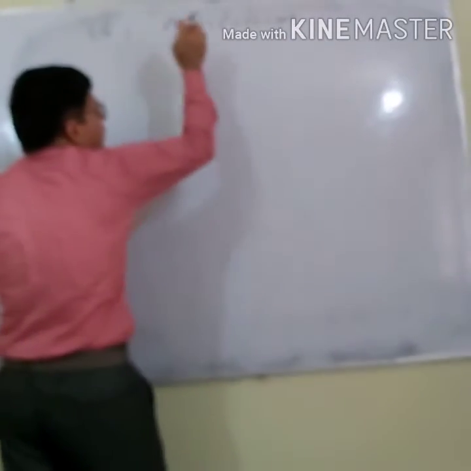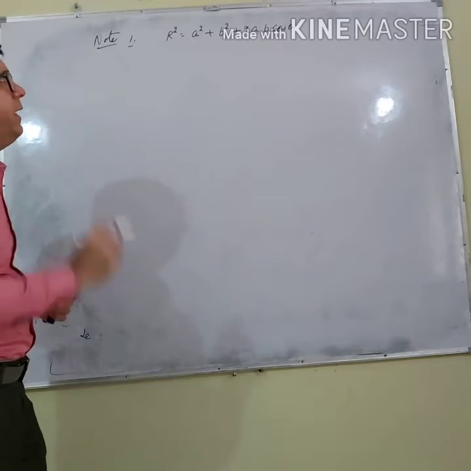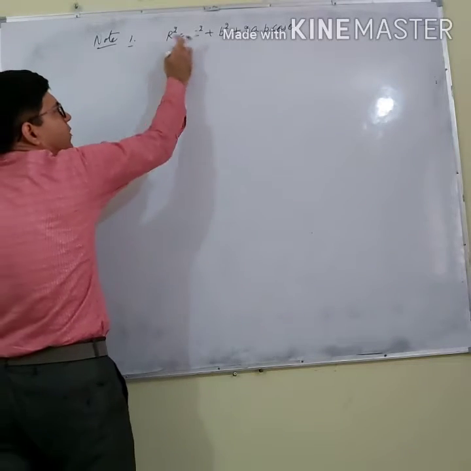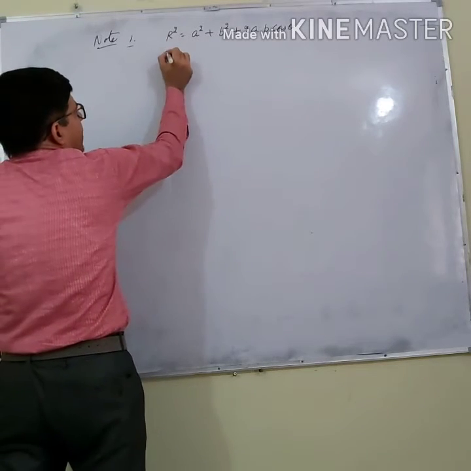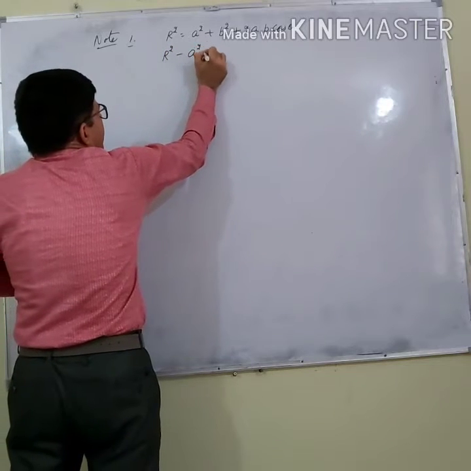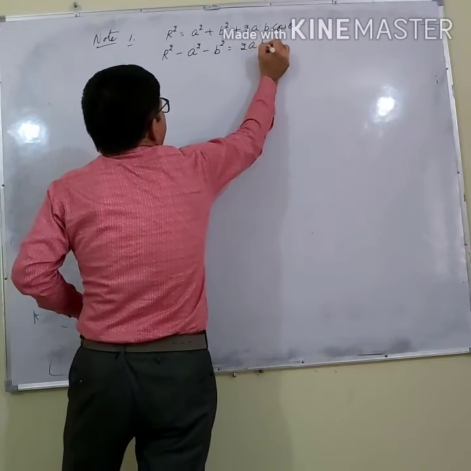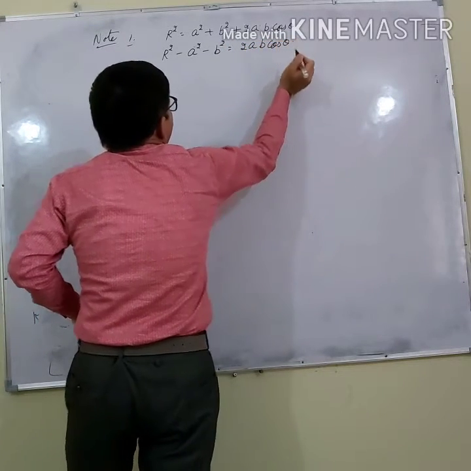Now A square and B square are positive on the right-hand side, so let me shift them to the left-hand side. I will get R square minus A square minus B square equals 2AB cos theta.